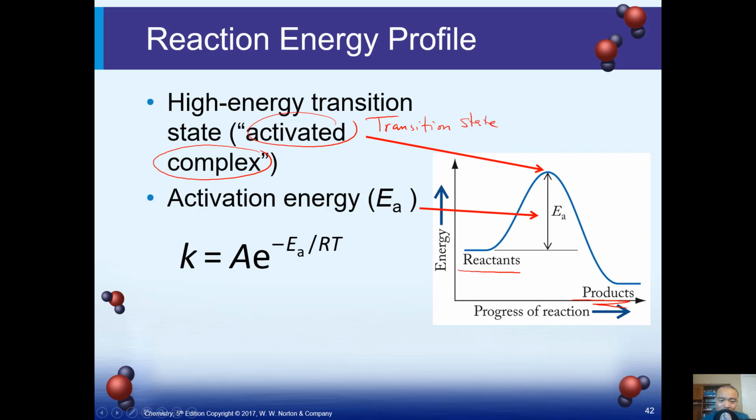The energy required to overcome the energy barrier is called the activation energy. The activation energy actually goes from the starting point of the reactants to the highest point of that particular peak.